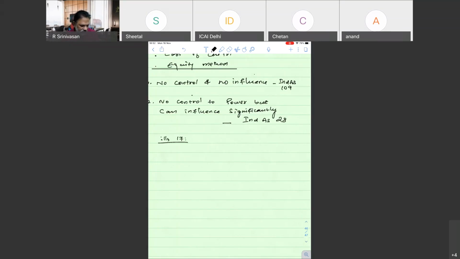Third case, the investment entitles significant influence over Q, which is a joint venture, and P does not have joint control of Q. So if there is no control or power, but it can influence significantly, that is Ind AS 28. Ind AS 28 means you have to consolidate.